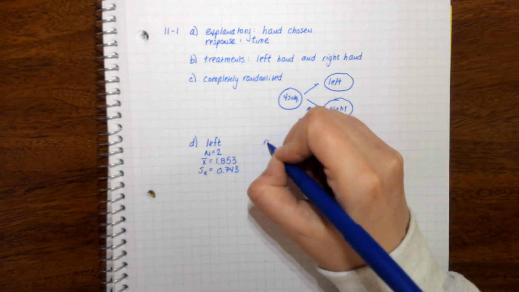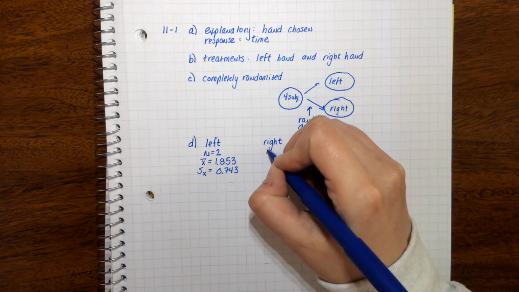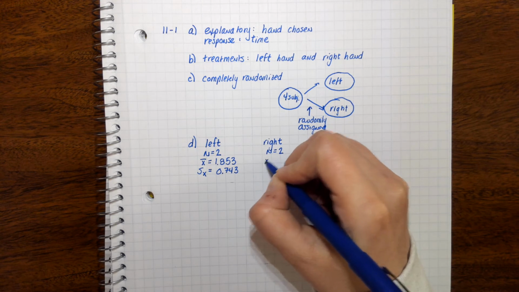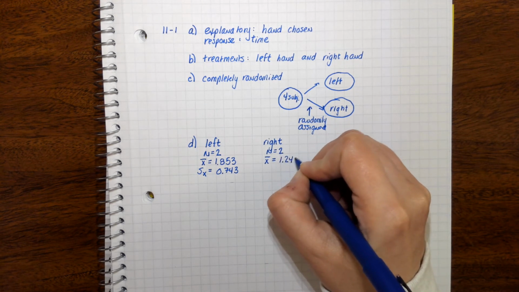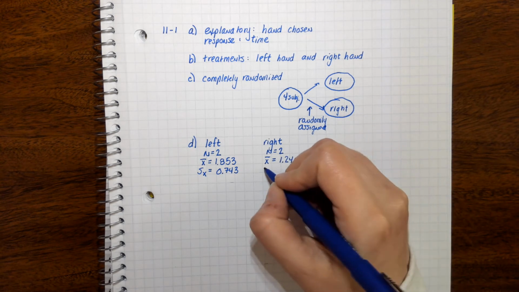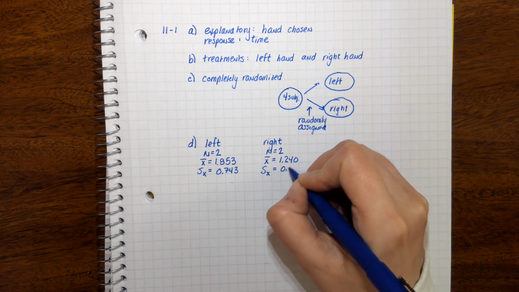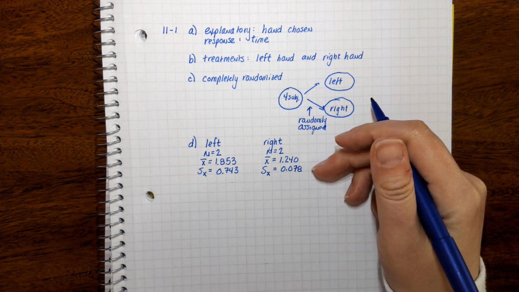Okay, and then the right-handed, there were 2 of those as well. I got lucky. The mean reaction time for right hand is 1.240, and the standard deviation in that case was 0.078. These numbers I'm just getting from the very end of the video.